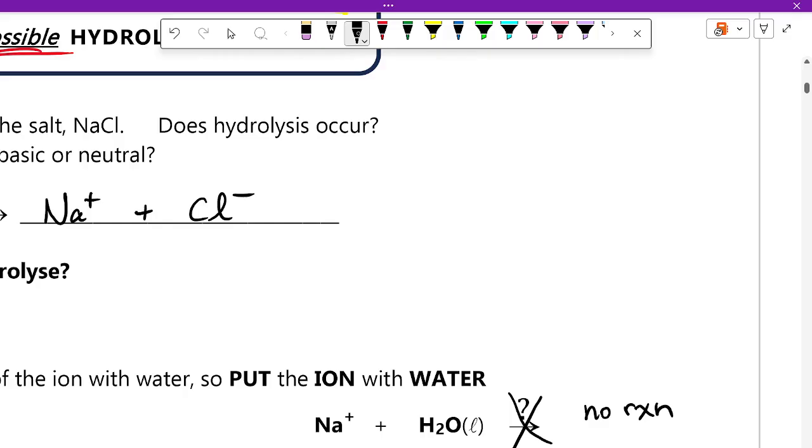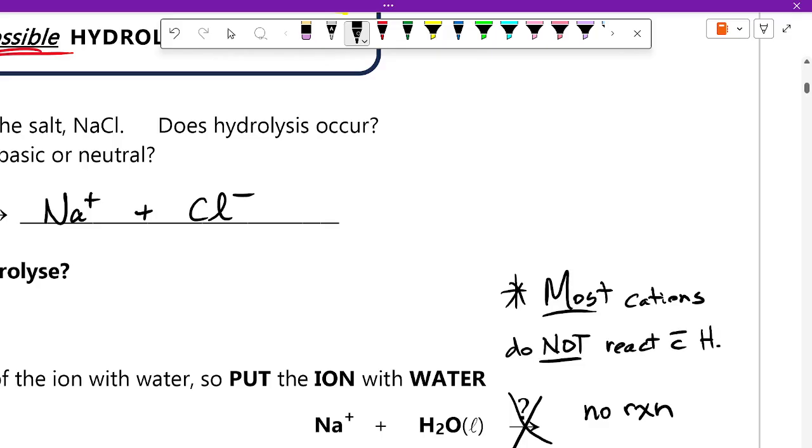So that's actually the case for most cations. Most cations do not react with water. So in other words, most cations do not hydrolyze.